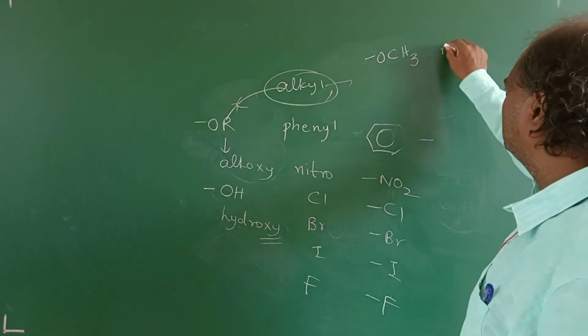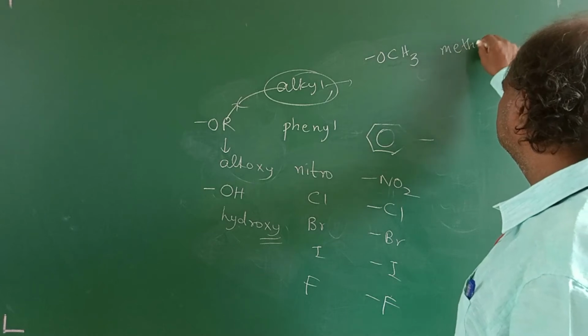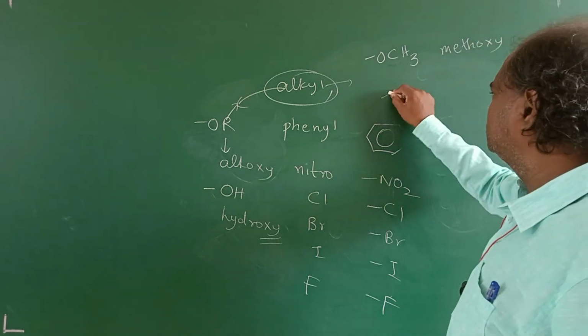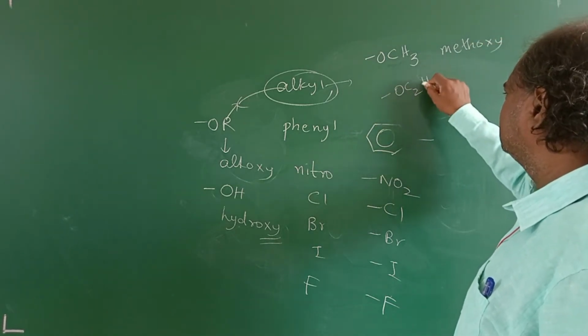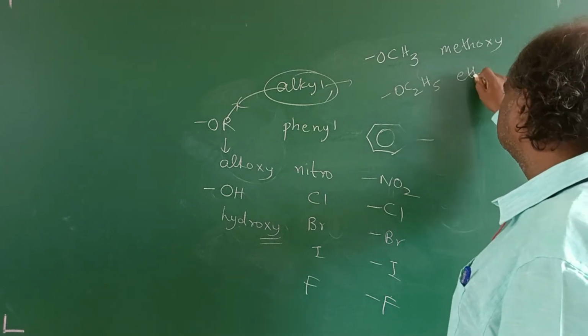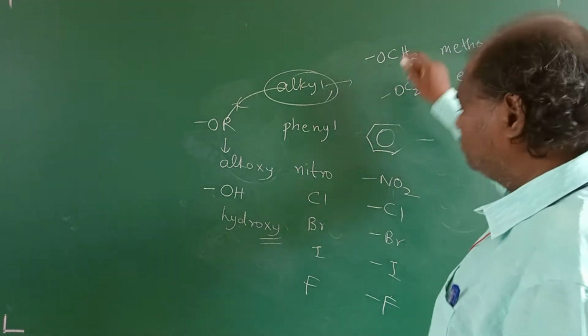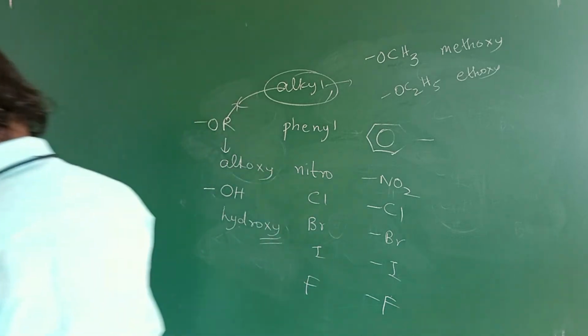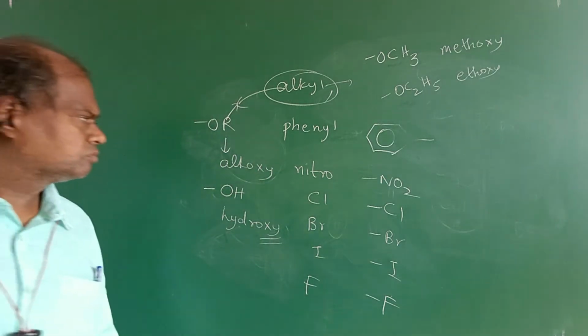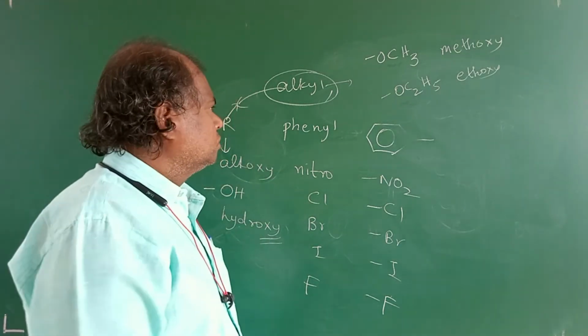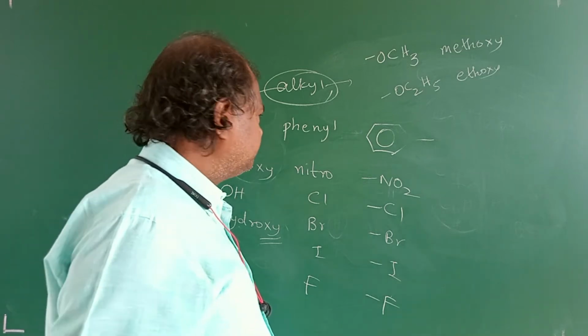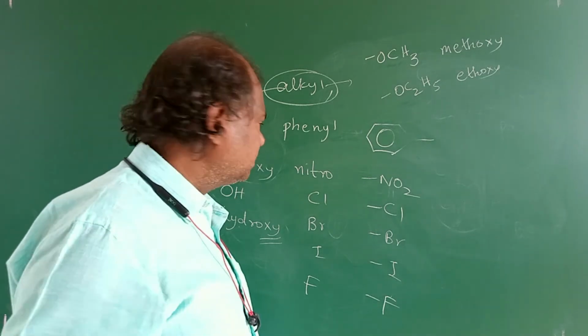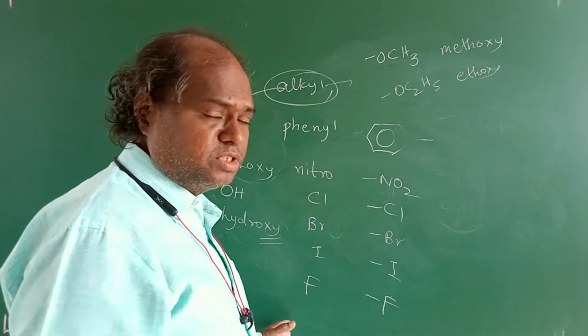Then this is called methoxy. What is it called? Methoxy. If it is OC2H5, then this is called ethoxy. So depending on that, methoxy, ethoxy, like that. Clear? Okay. So this is called alkoxy. Very clear? All these are substituents, please remember.